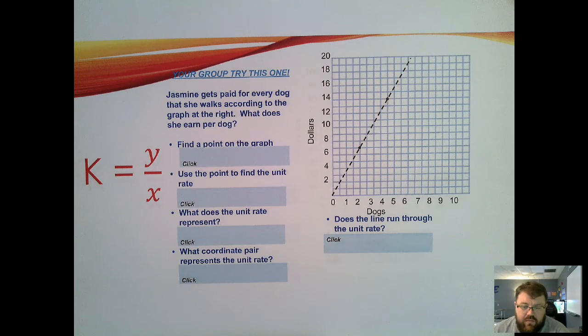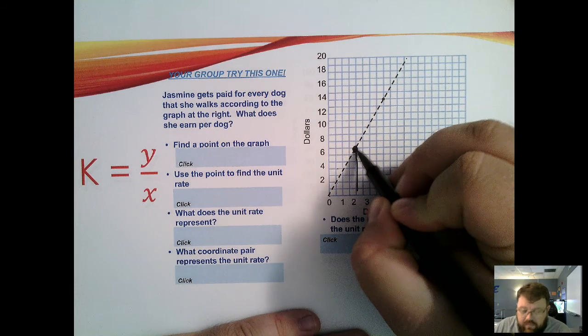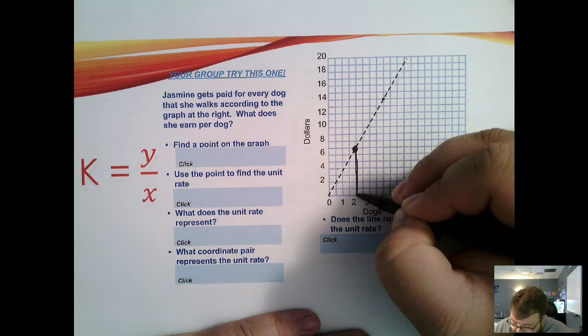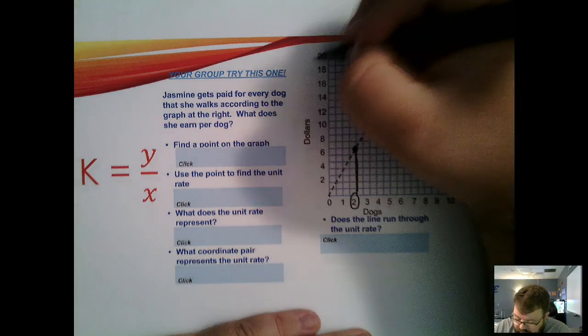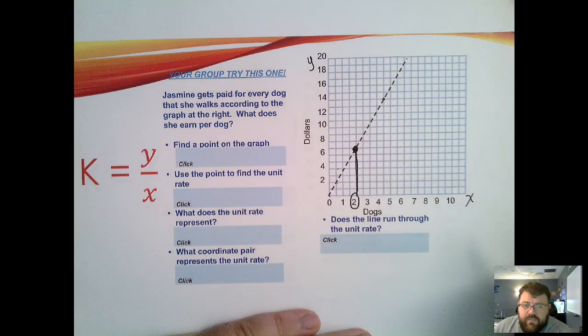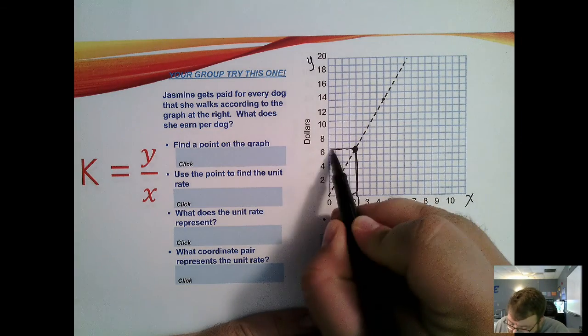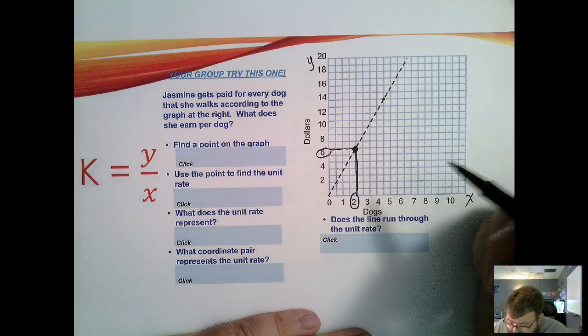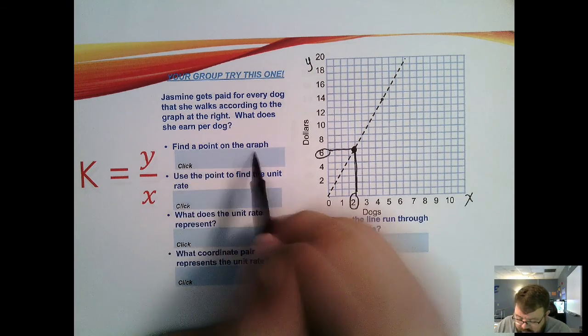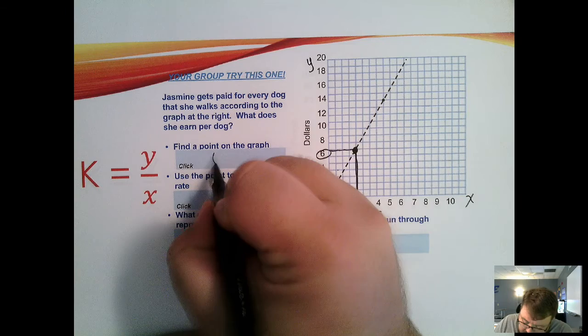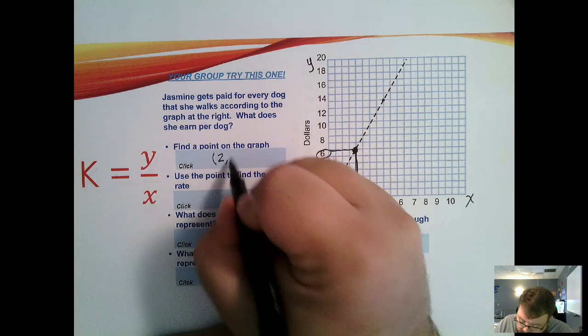Use this point here. So what I'm going to do is go down. I get 2. This is the x-axis. This is the y-axis. You go over. Got 6. So the first point we have is 2, 6.